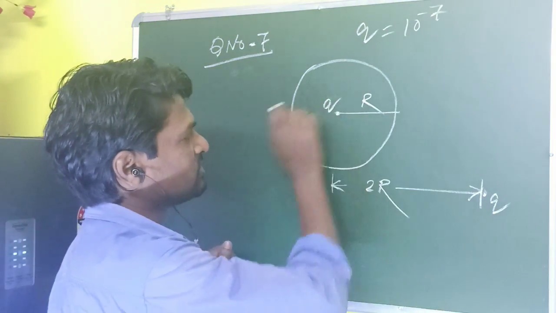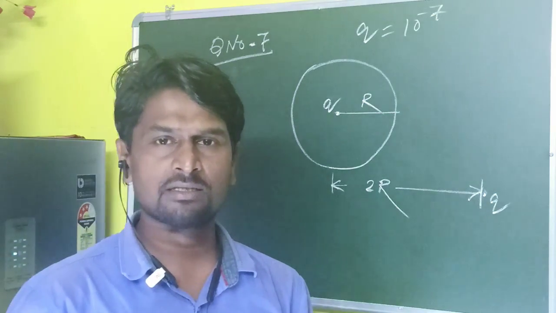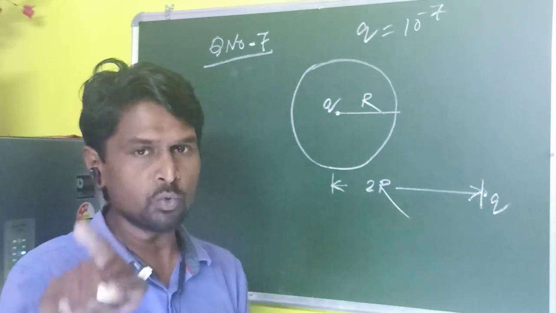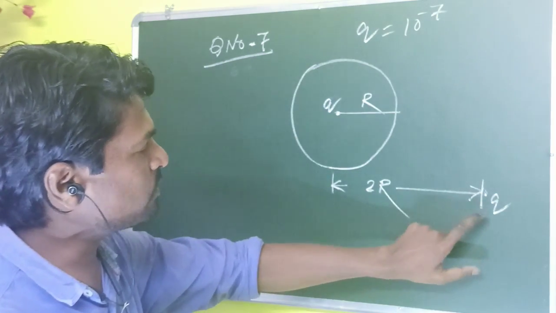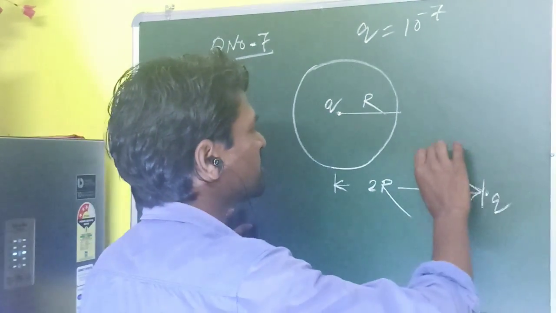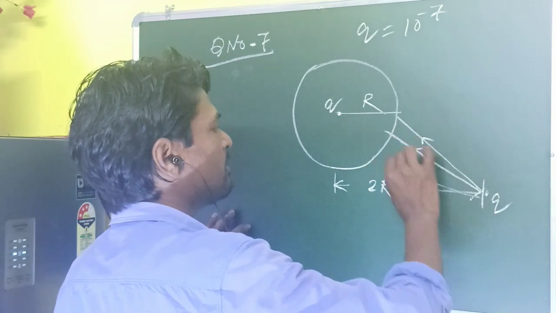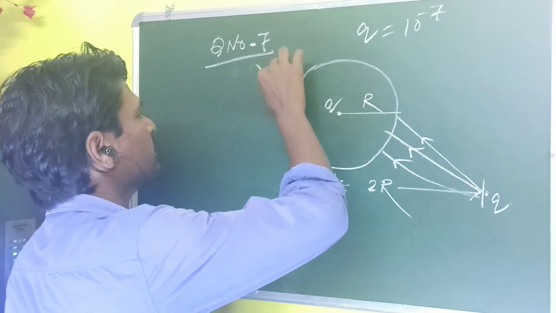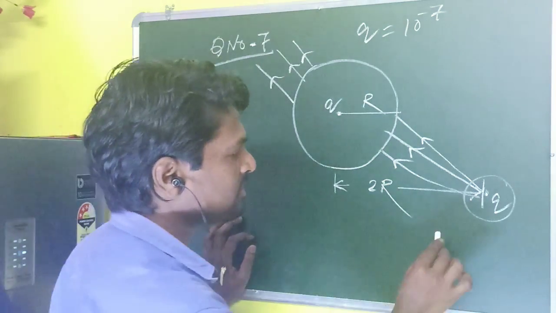So first of all, students, you have to think that the contribution of flux from a closed surface is due to the charge enclosed within the surface. For the outside charge the contribution is 0, because the number of electric lines of force penetrating the surface is equal to the outgoing flux. So the flux contribution due to that charge is 0.